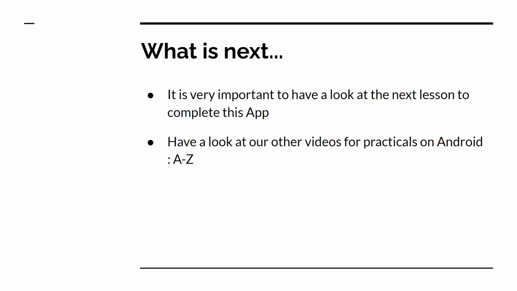It's very important to have a look at the next lesson to complete this app, because in the next lesson we'll be discussing in detail the API level, giving answers to the questions we raised just a little while ago in this lesson. What is this, why are there these parameters, and this kind of technical stuff. So look at the next lesson for that, and have a look at our other videos for practicals on Android. We are very excited to see you in the next lesson to complete this app. See you in the next lesson.